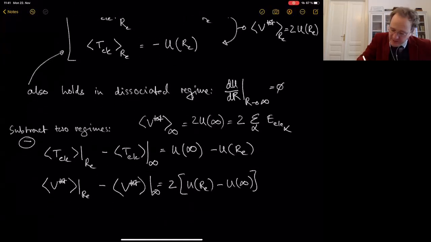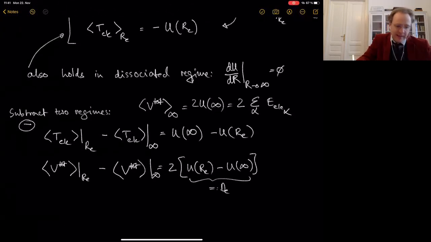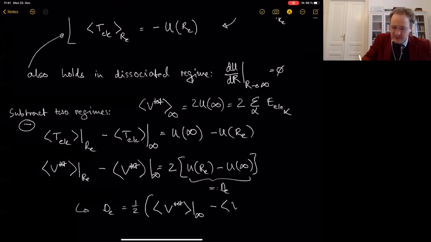So by convention, this is what we define to be the dissociation energy, and we can therefore write our dissociation energy is 1/2 times the energy of V dot at infinite distance minus V at the equilibrium distance.